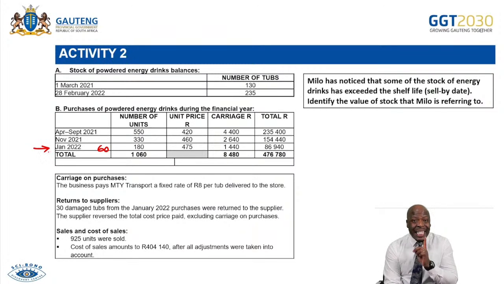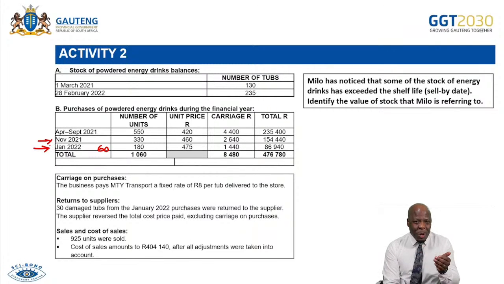So they're still below the 66 days. But if we had purchased some units, let's say on the 1st of November, those units have been there from November, December, January already. Those are 90 days already. So these ones would have exceeded. The units from November would have exceeded.